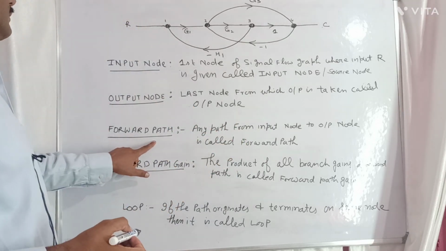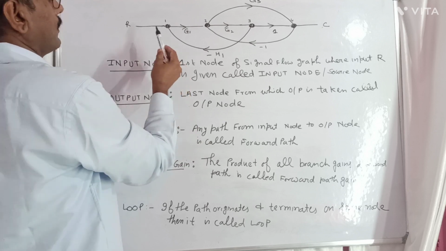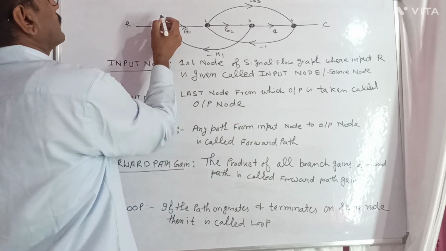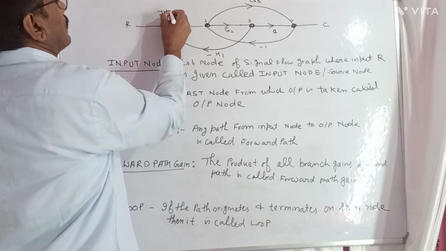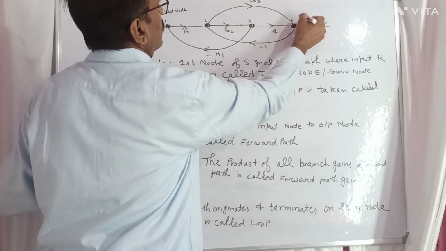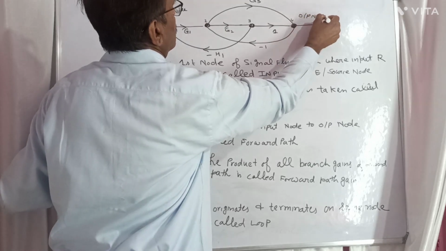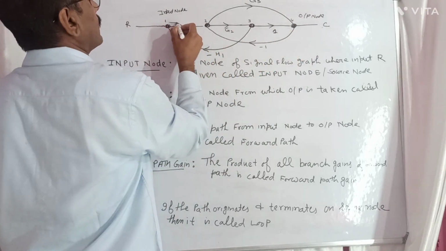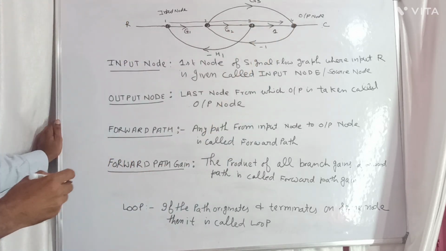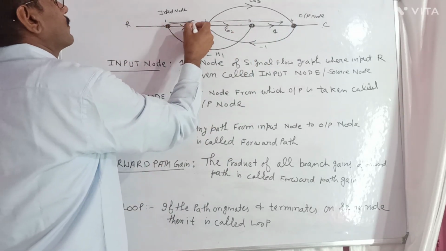Then forward path: any path from input node to output node is called a forward path. This is the input node. So there is one forward path, this is one forward path and this is the second forward path.